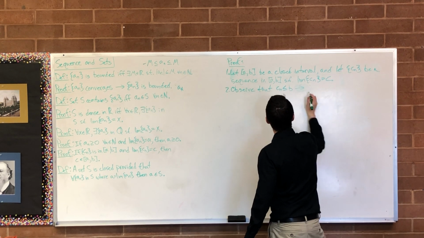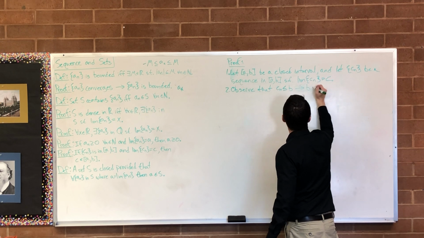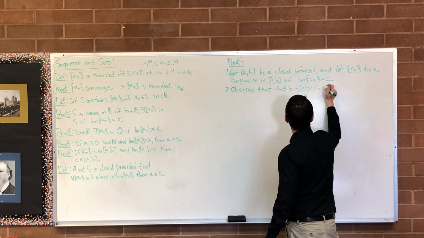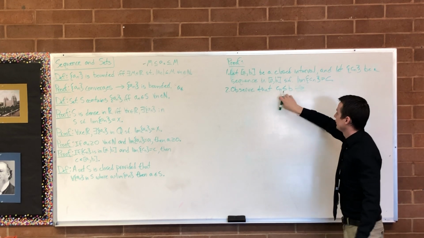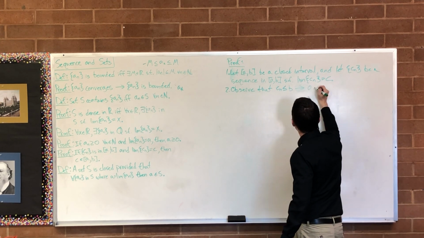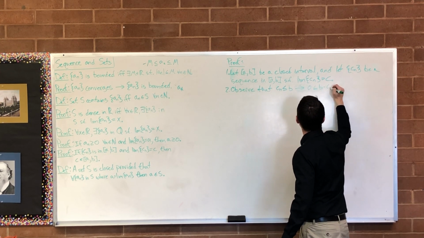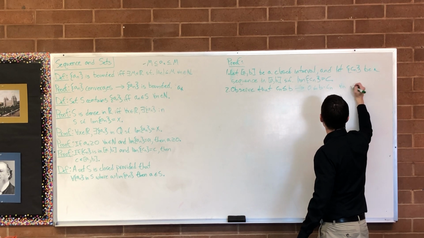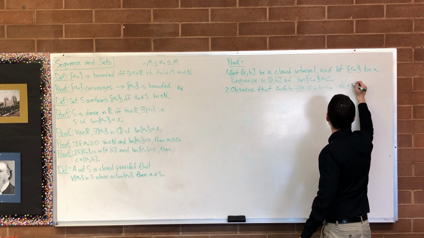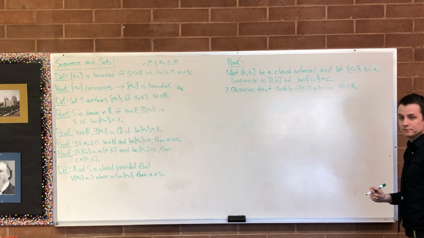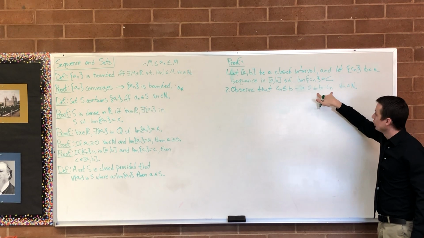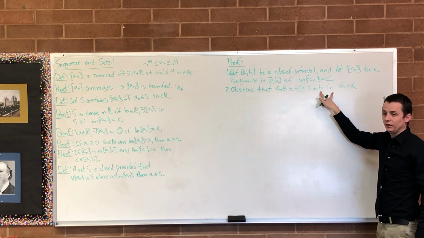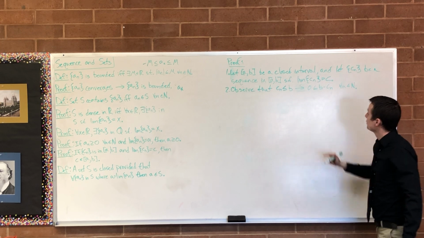Which gives me, subtracting Cn from both sides of the inequality, 0 is less than or equal to B minus Cn, and this is true for all n, for every natural number. With me so far? So we just created a new sequence where every term in the sequence is greater than or equal to 0. Okay. Make sense?